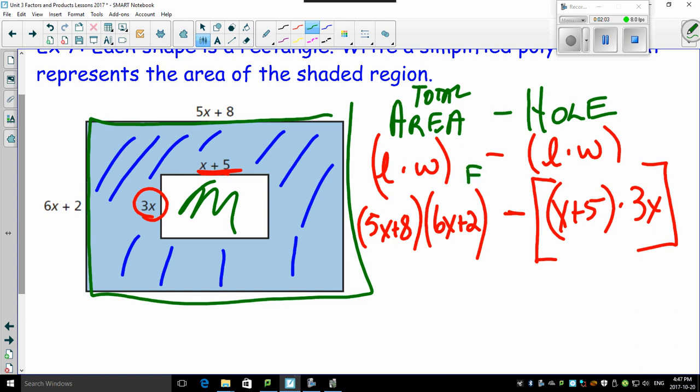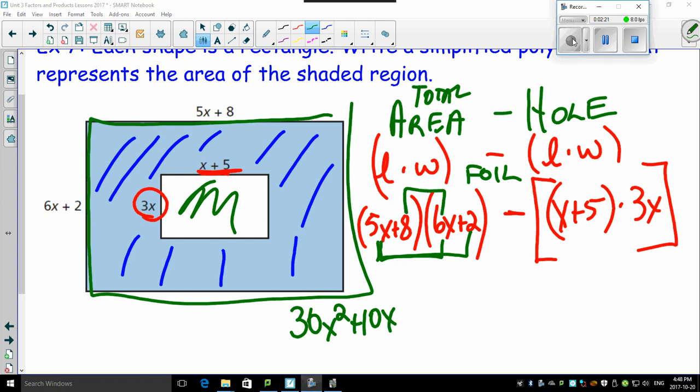Don't forget, FOIL, one of your best friends. First, 5x times 6x, that looks like 30x squared. Outer, giving you 10x. Inner, 8 times 6, 48x. And last, 16.